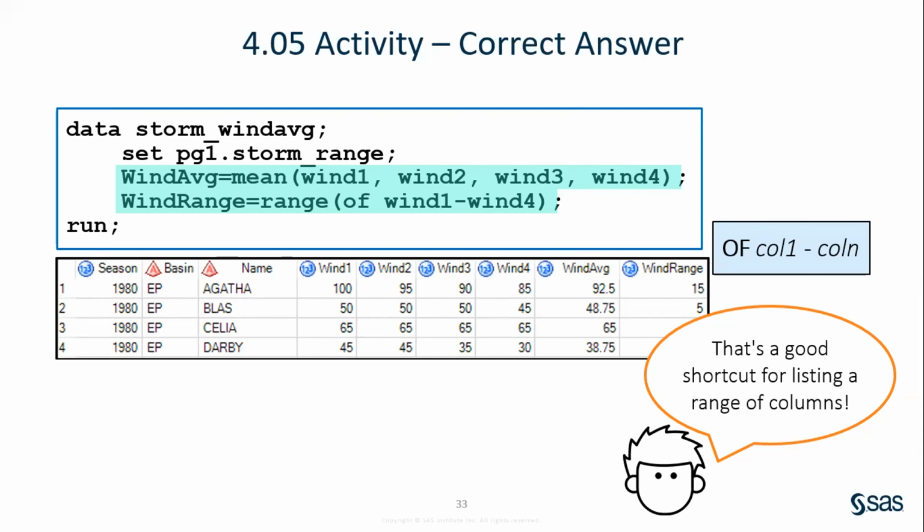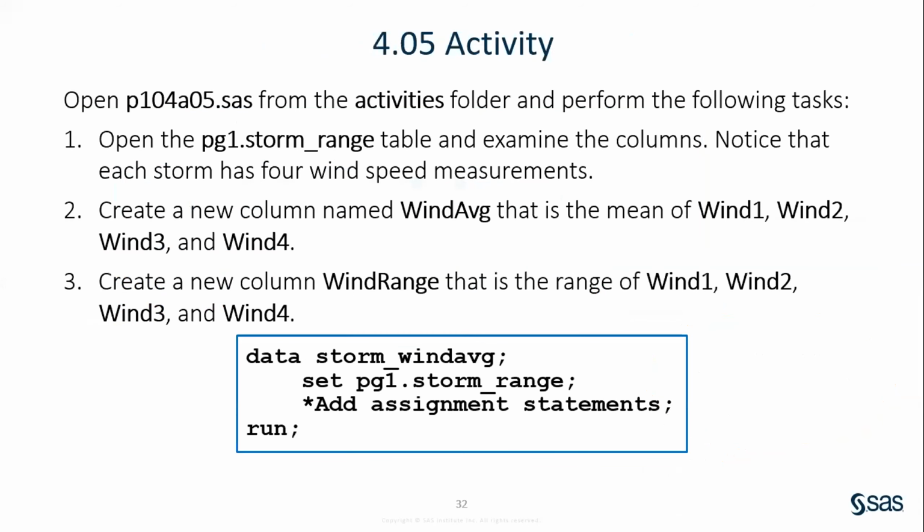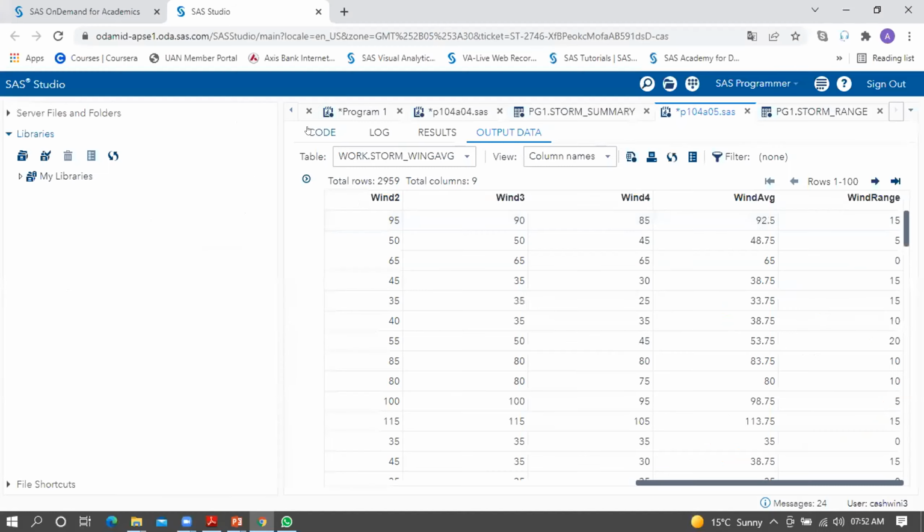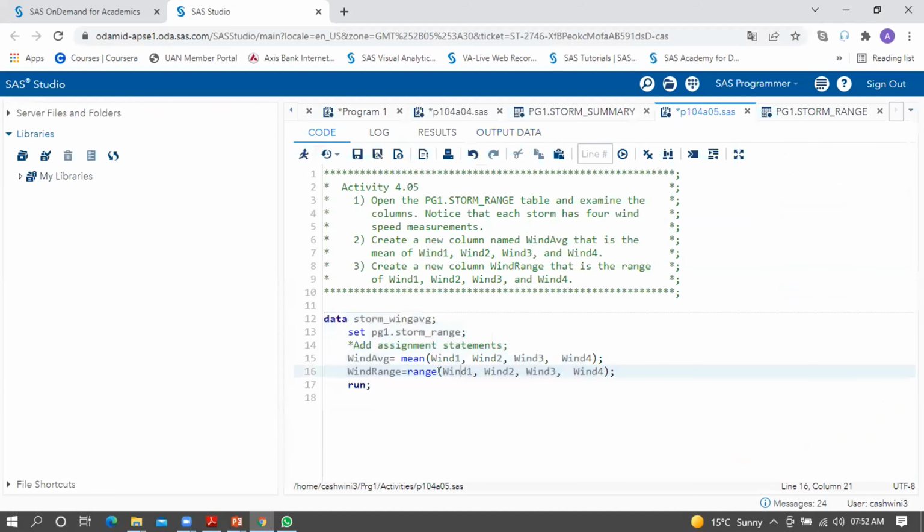Now it's not always feasible for us. In this example we have 4 winds. But what if you had 10 wind columns or 20 wind columns? Is it always feasible to keep on writing the column details in this way?